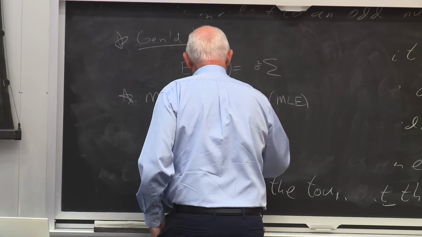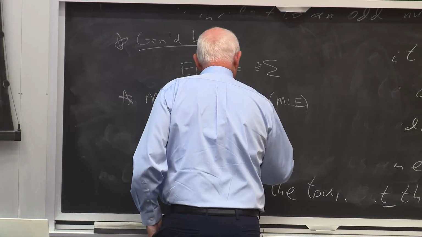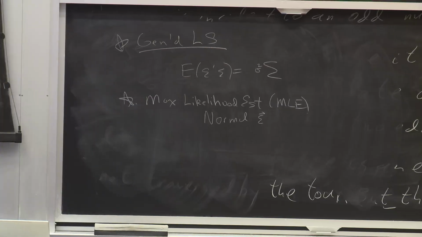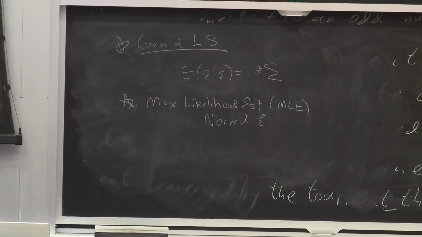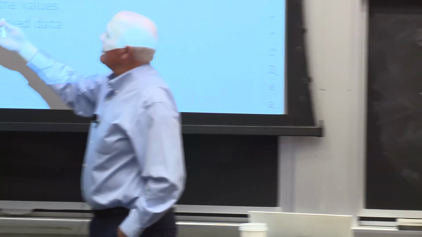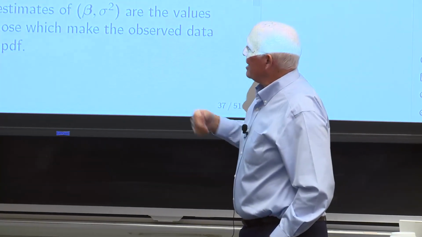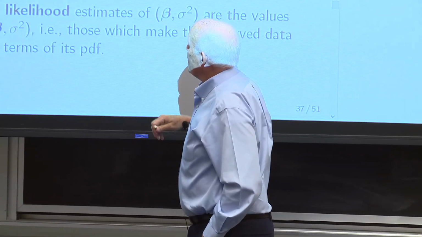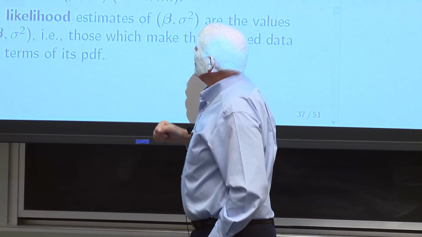So if we have a normal epsilon vector, then we compute the density of our data y given the explanatory variables in X and the regression parameter beta.